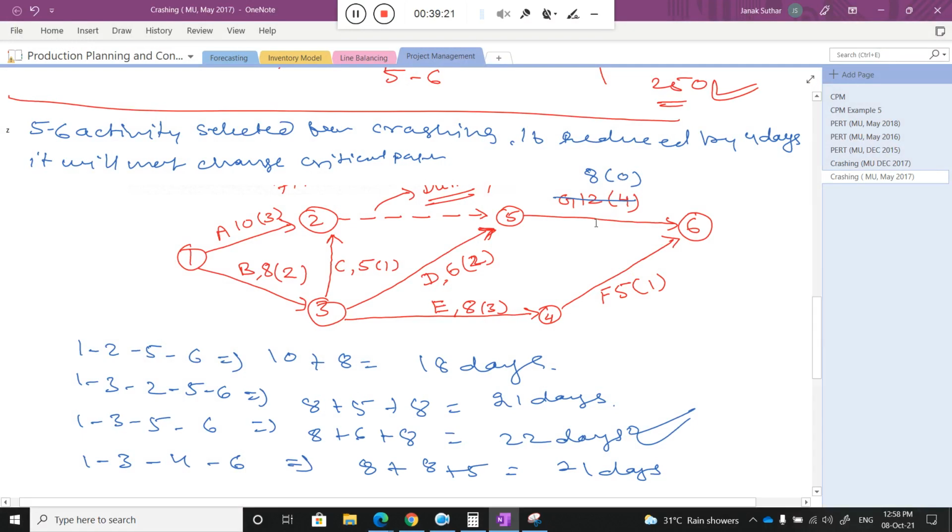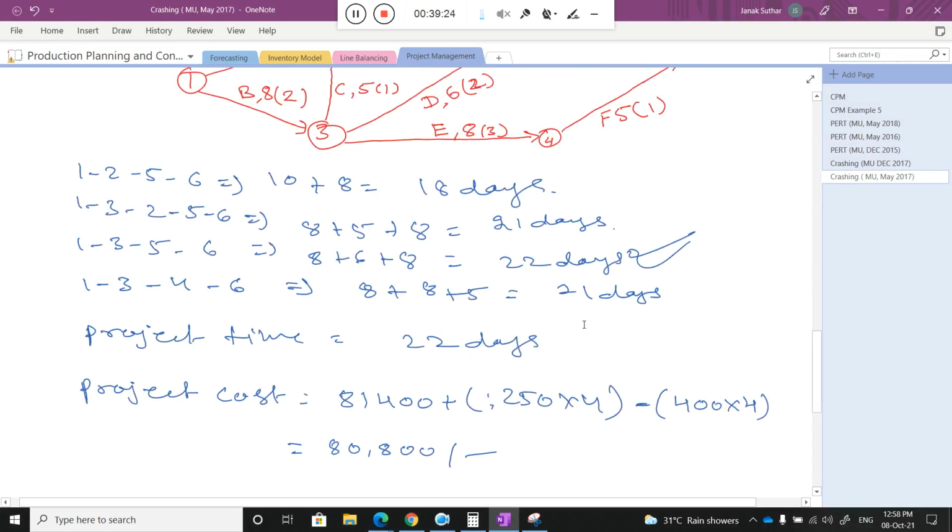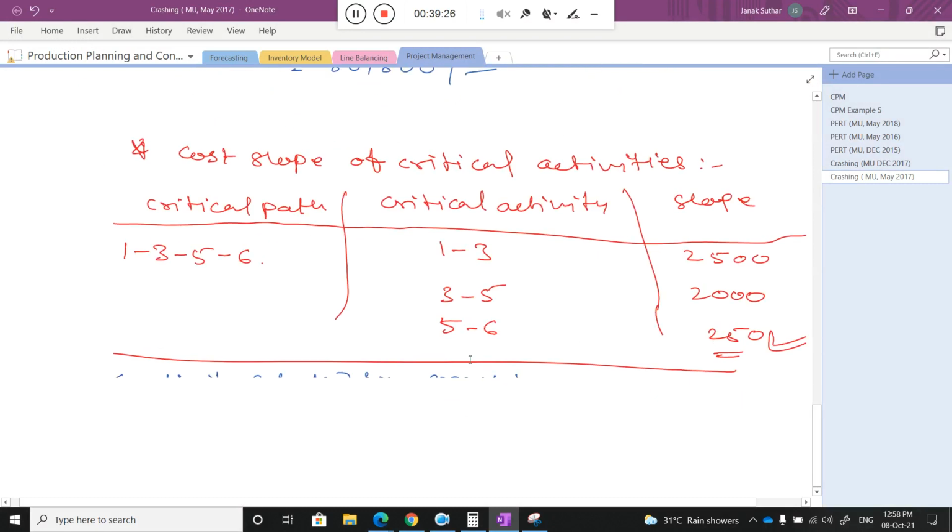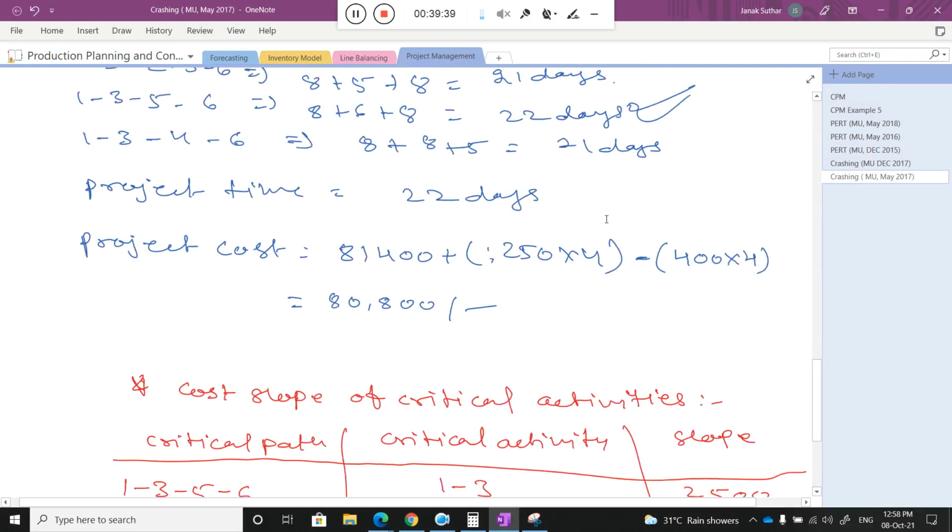So now I need to focus on another activity. If 5 to 6 is not possible, then which activity I will select to reduce my project time, class? 3 to 5. Okay, I select 3 to 5. How much I can reduce, that I need to check.